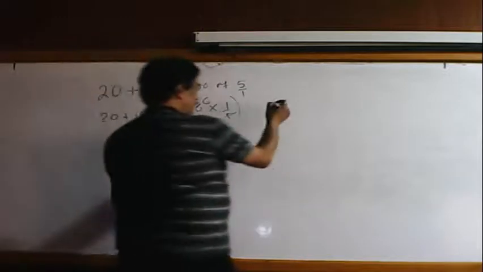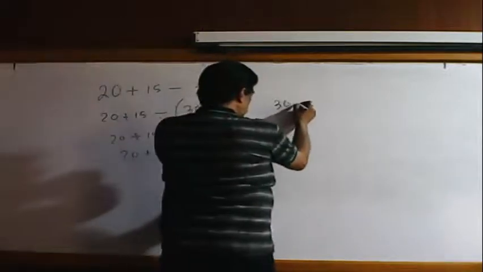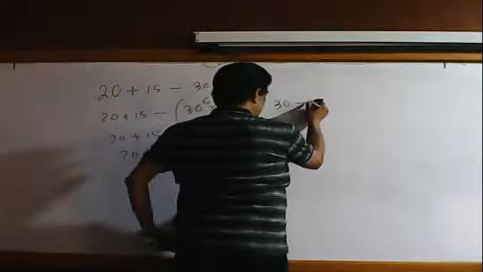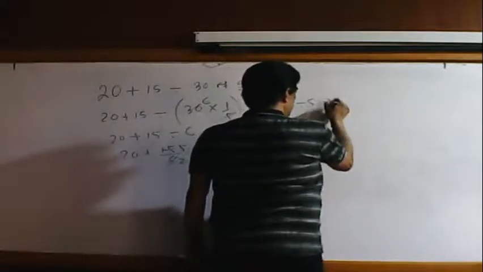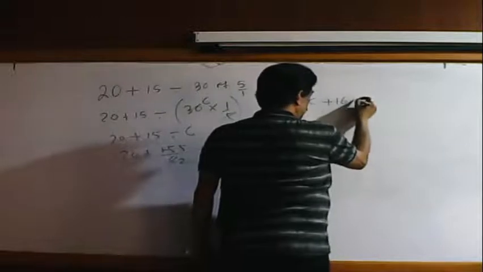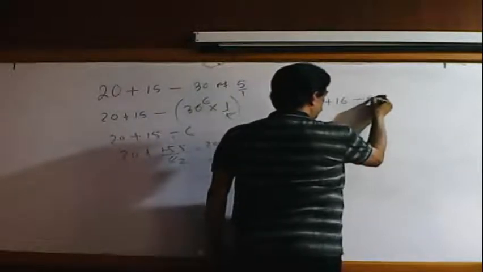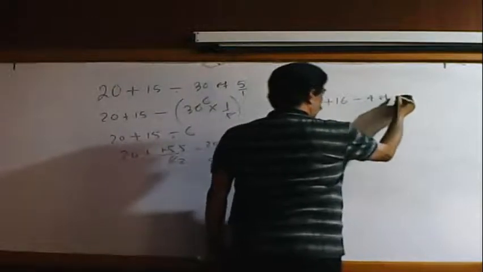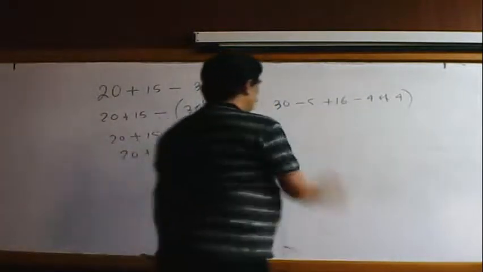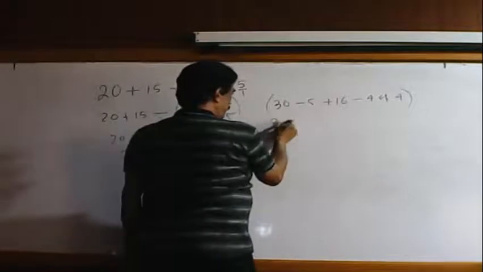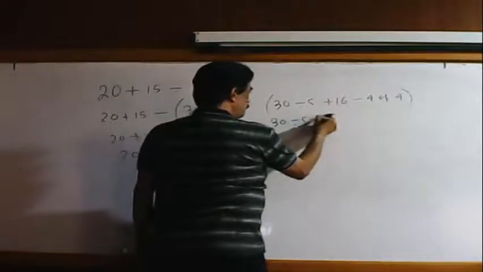Again, 30 division 5 plus 16 division 4 of 4. First case, 30 divided by 5, no problem.